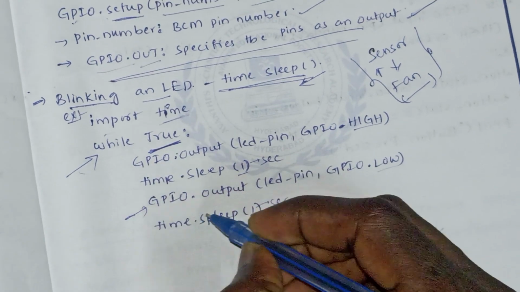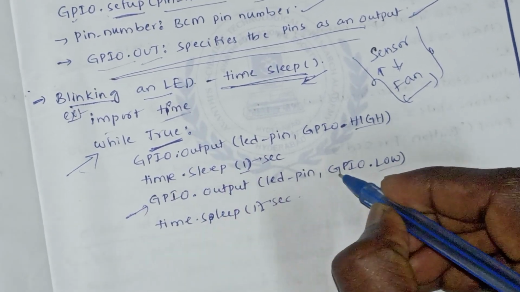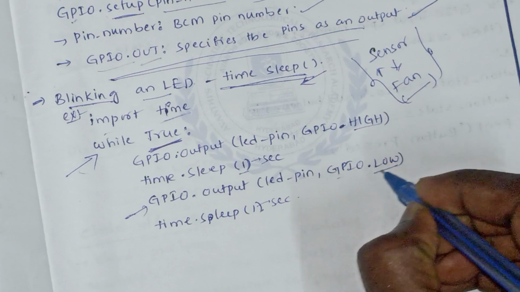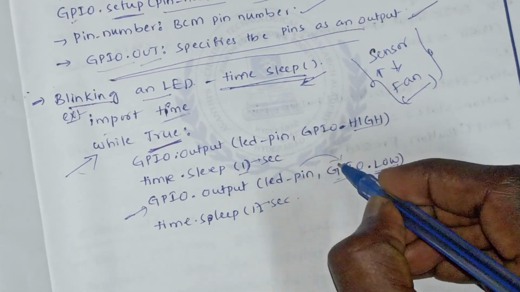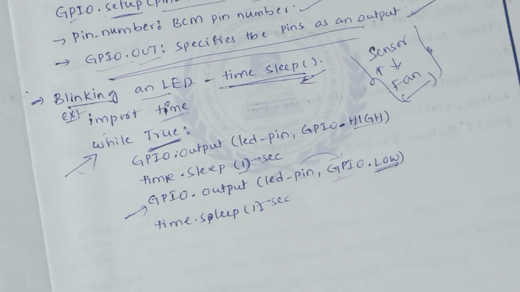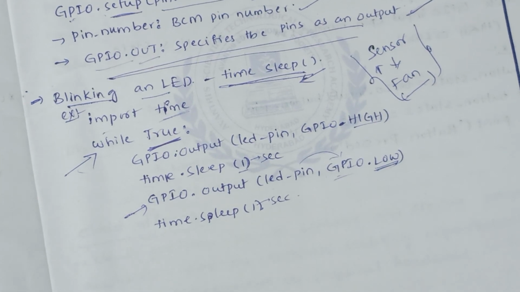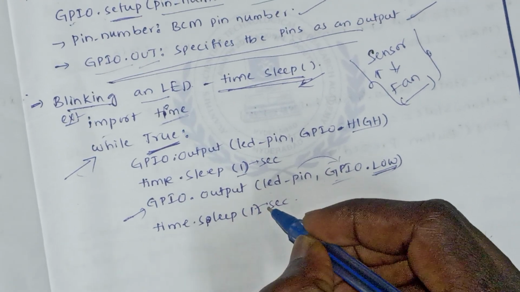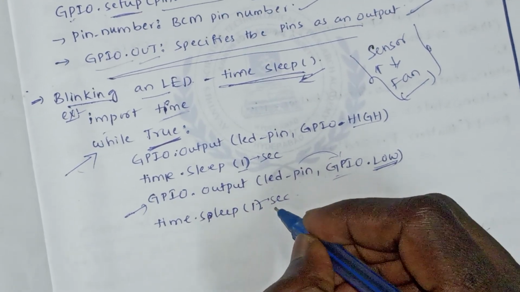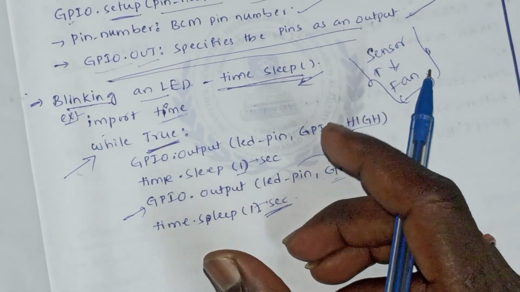For that, GPIO.output(LED_pin, GPIO.LOW). GPIO.LOW happens whenever the LED pin is set to the output of GPIO.LOW. Next, time.sleep(1) means for 1 second the LED is going to be off.